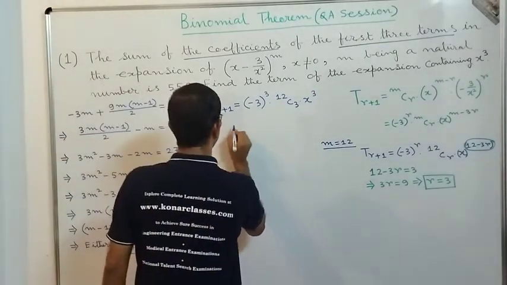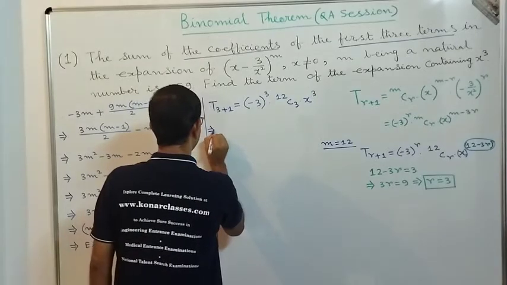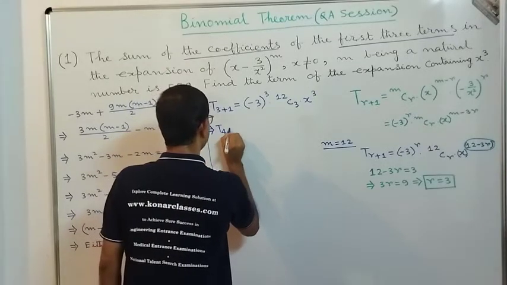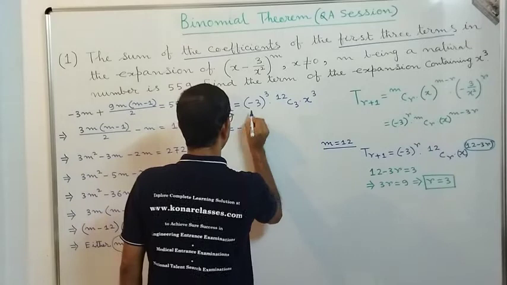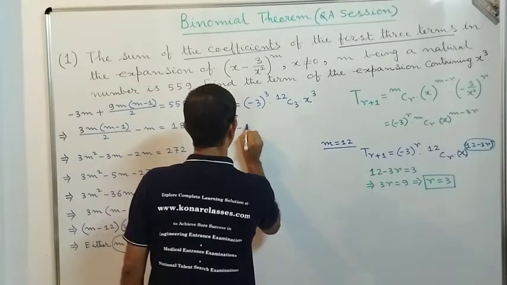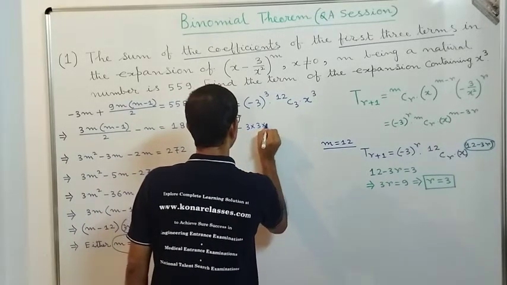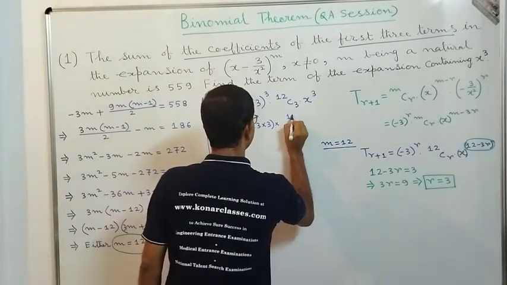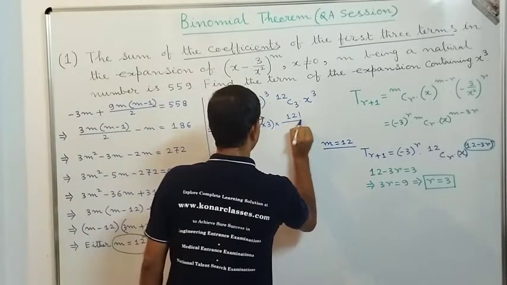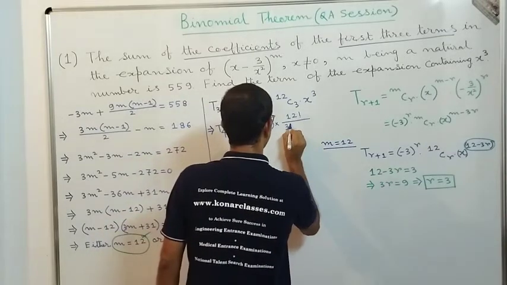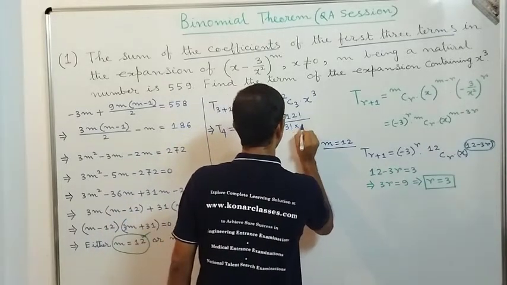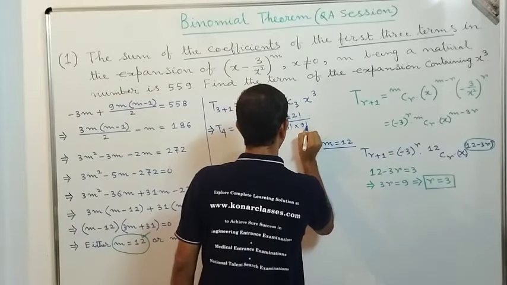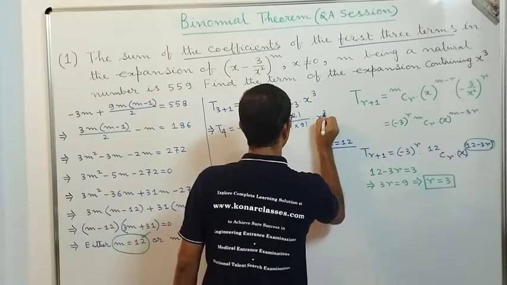So this implies that T4 is equal to minus 3 power 3, that is 3 into 3 into 3, into 12C3, that means factorial 12 divided by factorial 3 into factorial 12 minus 3, that is factorial 9, into x to the power 3.